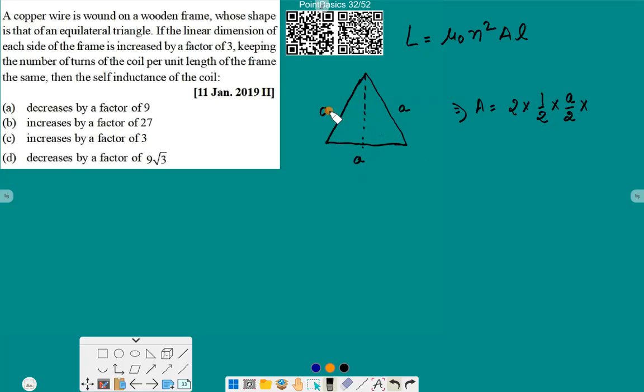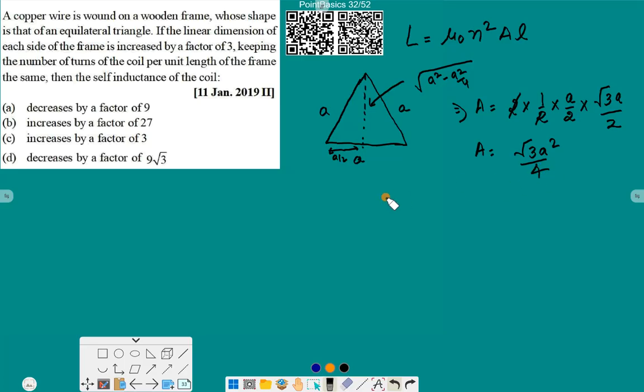This perpendicular will be the square root of a square minus a square by 4, that will be root 3a by 2. That we can calculate like this: it will be a square minus a square by 4, since this is a by 2, so a square by 4, and from this we get this. So area is equal to root 3a square by 4.